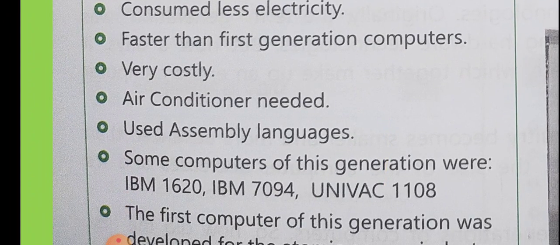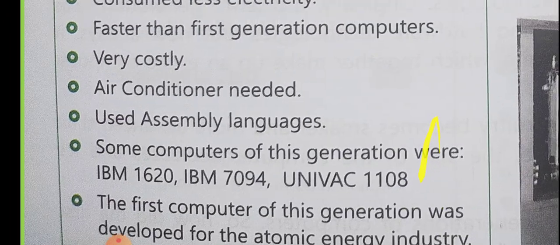In first generation we use machine language, and in second generation we use assembly language. And the examples of computers of this generation were IBM 1620, IBM 7094, UNIVAC 1108. And the second generation of computers was developed for the atomic energy industry.